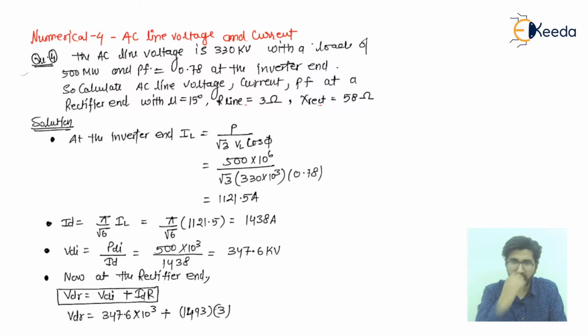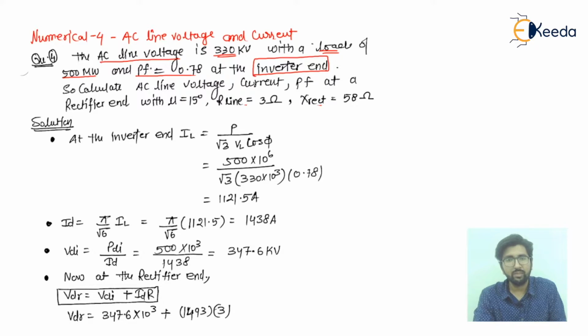If we start question number 4, it is saying the AC line voltage is 330 kilovolt, and the load is a power of 500 megawatt, and the power factor is given there, that is 0.78. So that is the real power given, along with the power factor, and it is given at the inverter end.